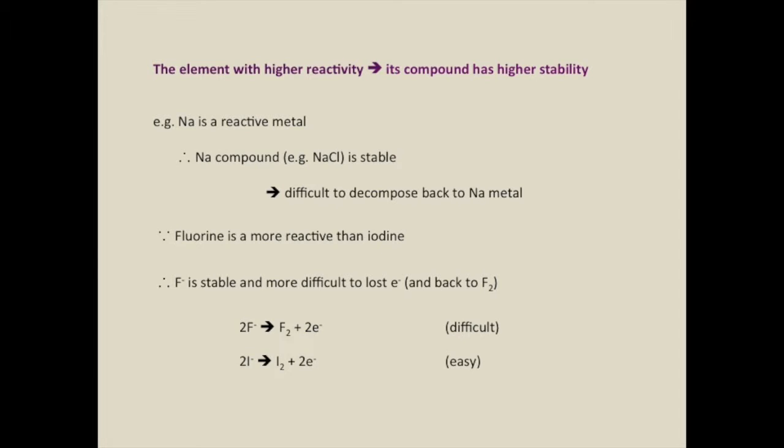So we have the following idea: from fluoride ion to fluorine is very difficult, but from iodide ion to iodine is much easier. Well, this makes us move to the next page.